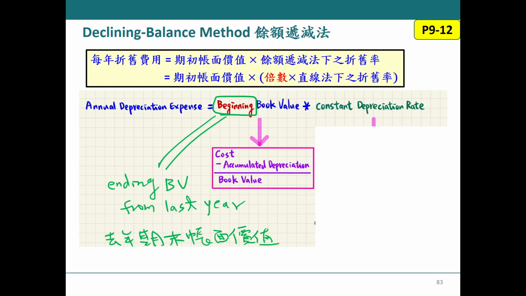So I use the same depreciation rate for each year. Depreciation rate 折旧率. So what does it mean?